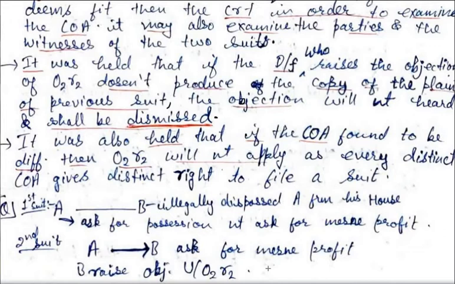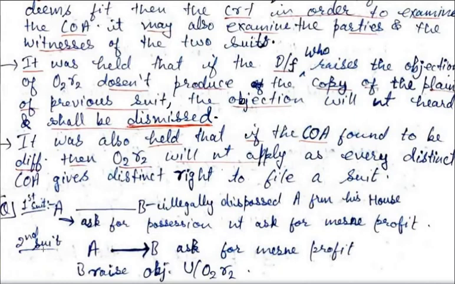अगर ये 3 चीजें prove हो जाएं तो Order 2 Rule 2 का bar लग जाएगा. If he is able to prove all these 3 elements, then the bar of Order 2 Rule 2 will apply. ठीक. तो सबसे important element है ये, to prove the cause of action is the same. ठीक. तो अब आप बताइए what will you decide in this case. अब देखो इसमें cause of action तो same है, but Order 2 Rule 4 impliedly ये कहता है that a suit for possession and a suit for mesne profit, they are 2 distinct causes of action, and therefore even though it appears, तो ये cause of action same है ऐसा लग रहा है, जबकि है नहीं.